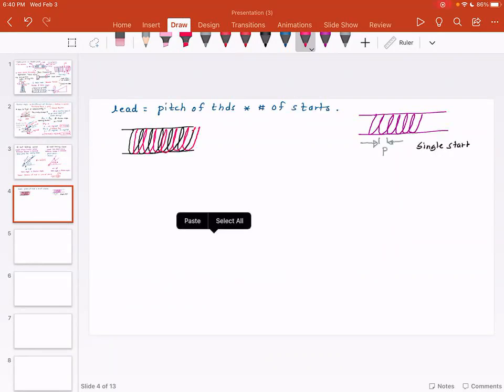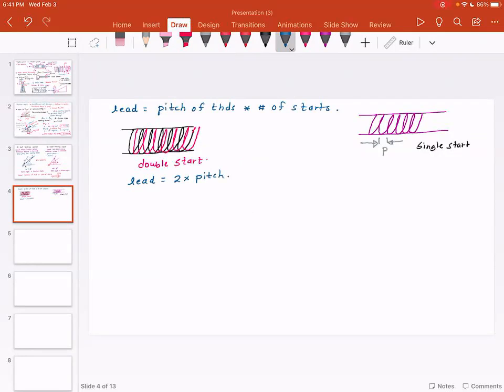So this is double start. Now what does that mean? It means in one revolution of screw, the nut is going to go forward by 2 times the pitch.